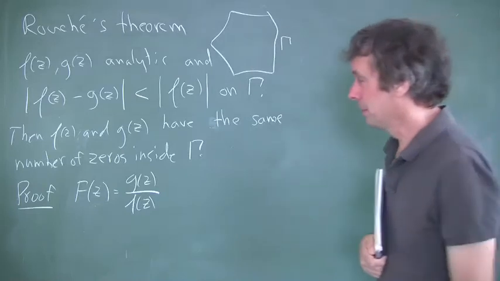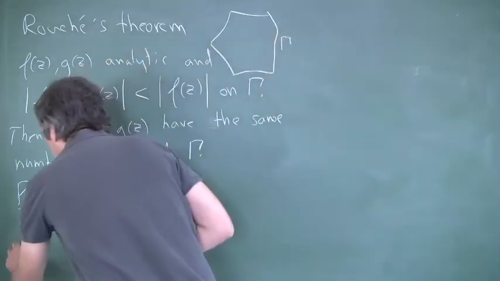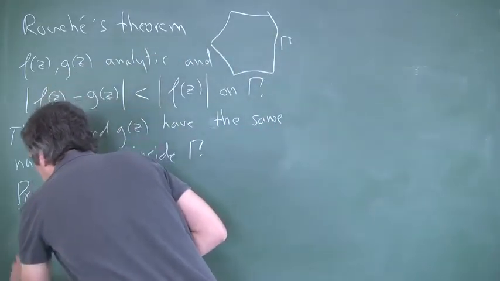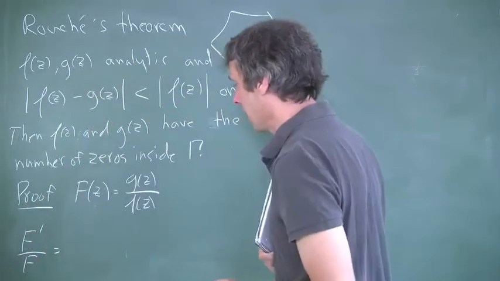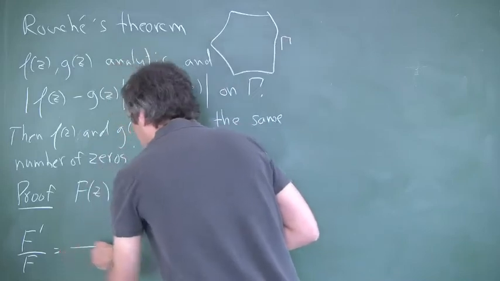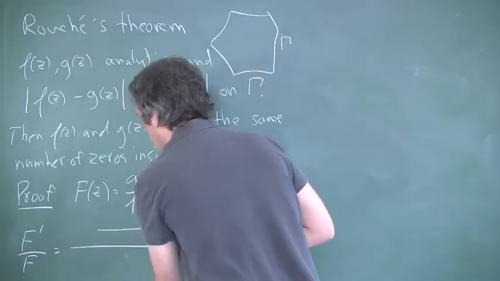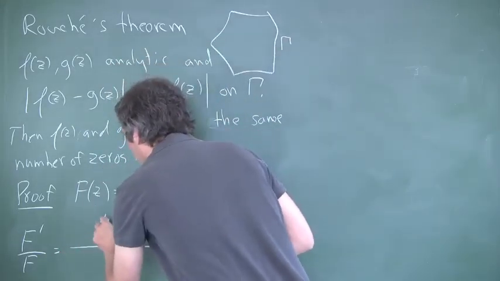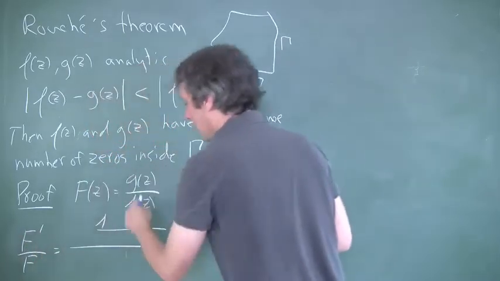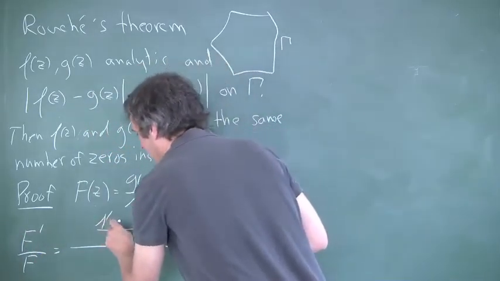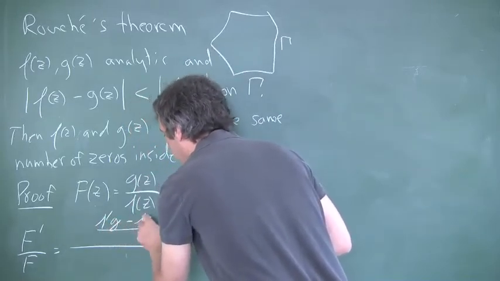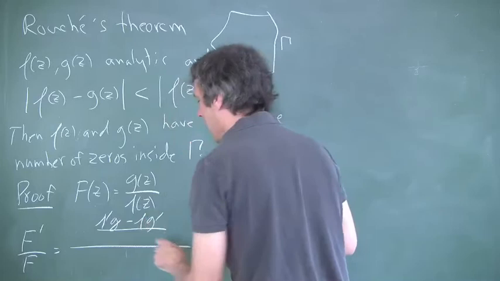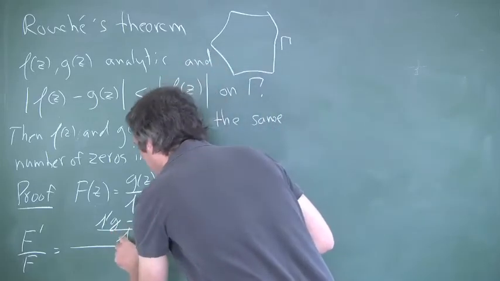argument principle. So we start by computing capital F prime divided by capital F, which is equal to, we start by computing the derivative of this, which is f prime times g minus f times g prime, and then divided by f squared.